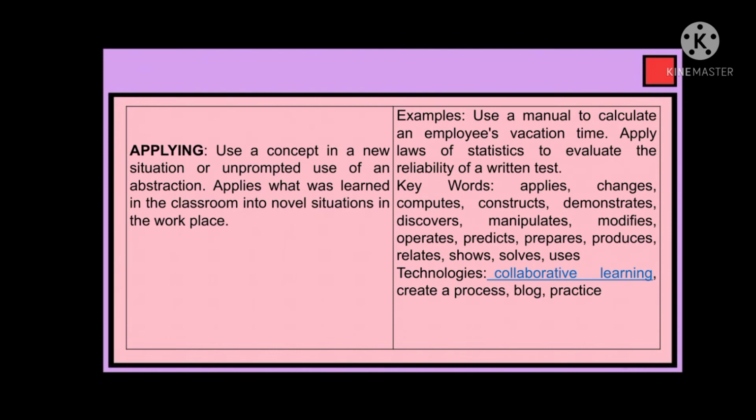The keywords under applying are applies, changes, computes, constructs, demonstrates, discovers, manipulates, modifies, operates, predicts, prepares, produces, relates, shows, solves, and uses. And for activities that you can use is to have collaborative learning, create a process, blog, and practice.